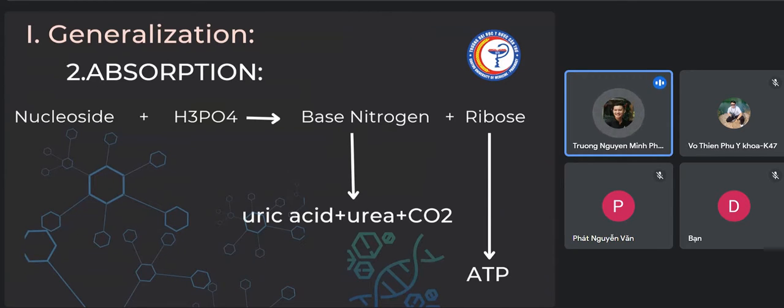Then the pentose continues in the metabolism of glucose. The nitrogen base is broken down. Finally, we have the products, which are uric acid, urea, and CO2. The nucleosidase also plays a role as an enzyme for the phosphorolysis reaction. Next, please.